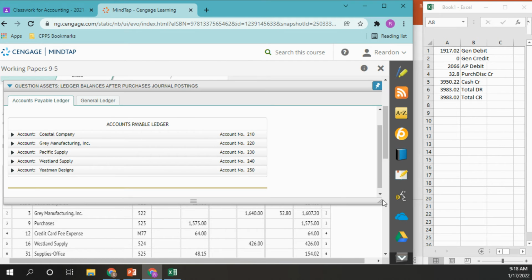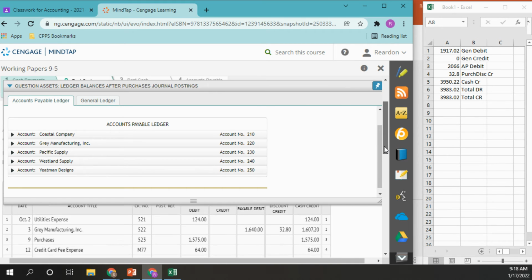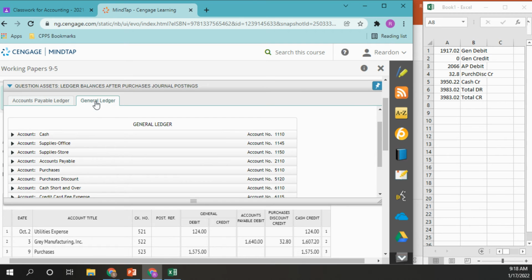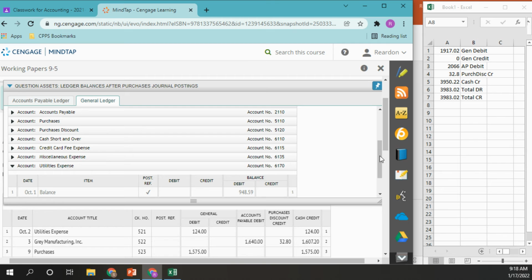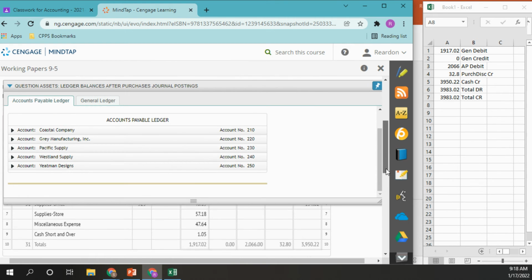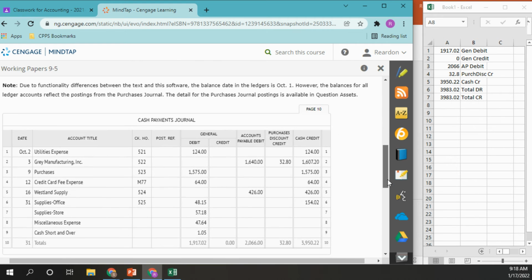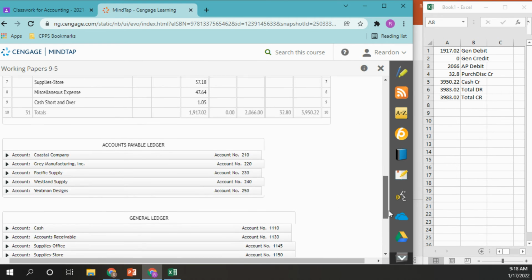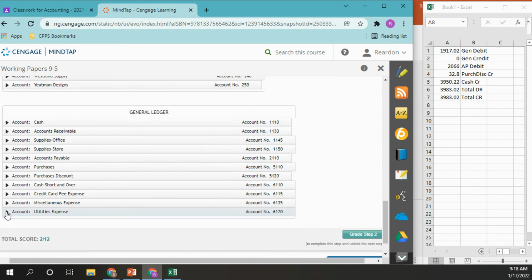Okay, so first entry is, I may regret that, by the way. Utilities expense 124. General ledger, utilities expense. Oh, I need to go down. It's giving me the information, but I need to go post down below there. I'm going to unpin. Sorry about that confusion. Okay. Utilities expense 124 on October 2nd.